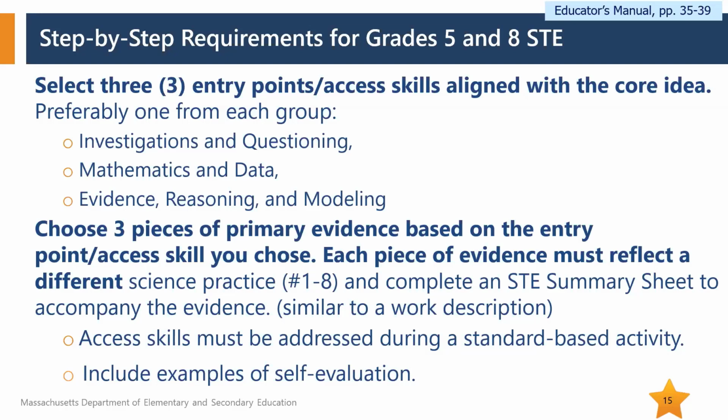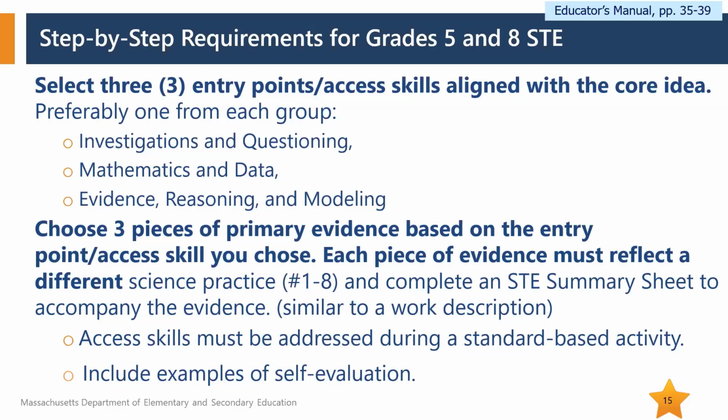You can take 1 entry point or access skill from each of those groups, but if that doesn't work for your student, as long as you have 3 different practices, you can use more than 1 practice from the same grouping. So next to, say you picked Earth and Space, you're going to write 1 core idea, 3 entry points. And that's for each of those disciplines you chose.